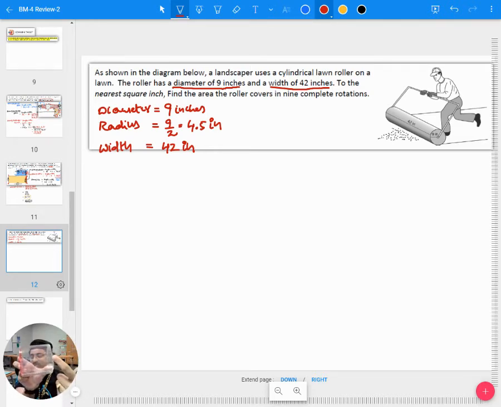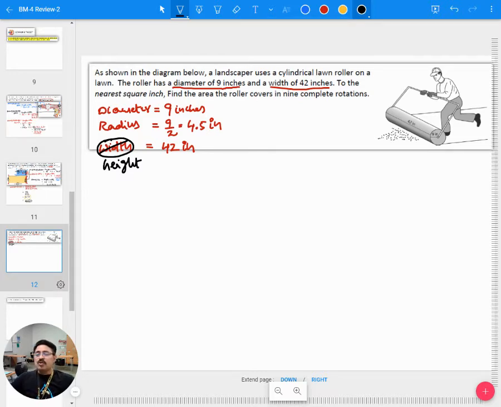Again, I'm repeating, this is the width of the cylindrical lawn roller. You know this one rolls this way, but if I put it this way, this is the height. So for computation and formula purposes, instead of width, let me change this to the height of the roller.